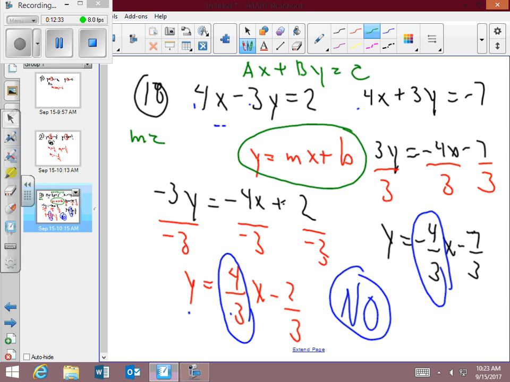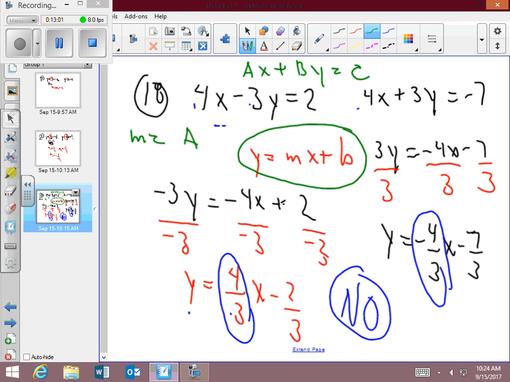What did we do down here? We looked at that and we said that 4 is there. It's the numerical coefficient of the x term. So what would we put in the numerator here for that equation? The a or the b? The a.